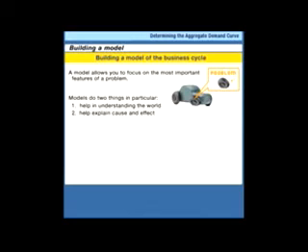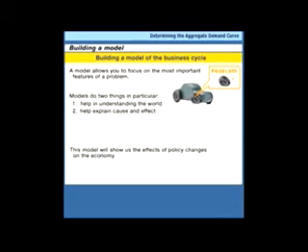Is it going to increase our standard of living? Is it going to make it worse? And who's going to benefit and who's going to be hurt? And we want this model to be simple and clear enough that with a little bit of investment of time and attention, someone else could learn it so that then you could have an intelligent conversation with other people about policies that might improve life for people in your economy.